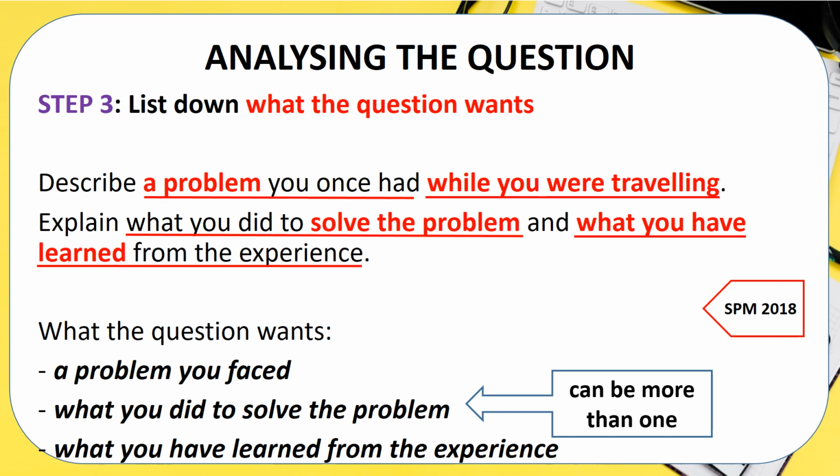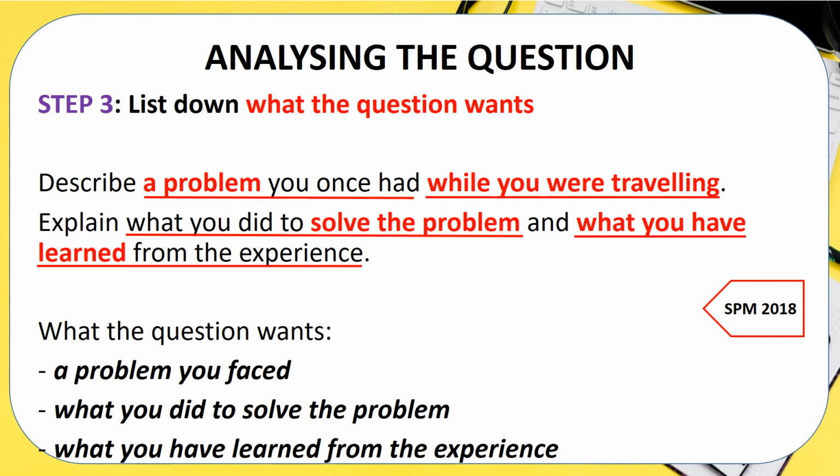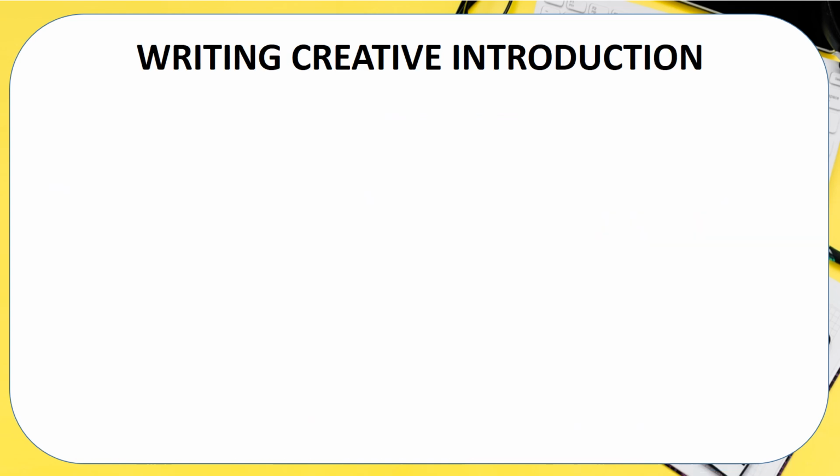And finally, we have what you have learned from the experience. Basically this is about lessons that you learned. Again, it does not mention singular or plural, which means that it can be more than one lesson. Now that we know what the question wants, it's time to write the essay.